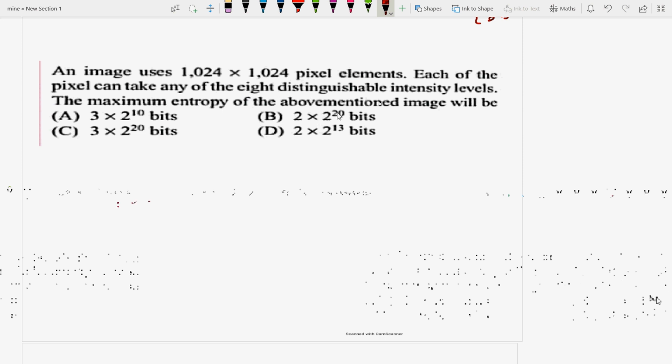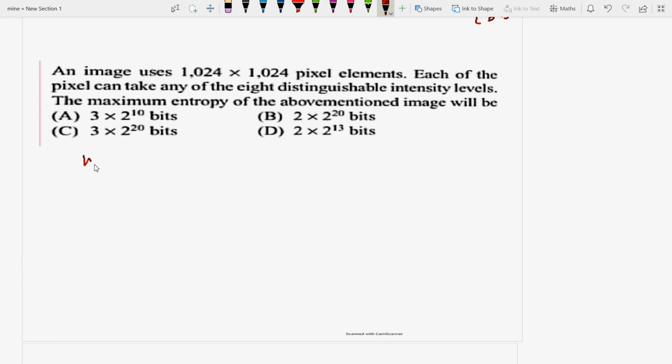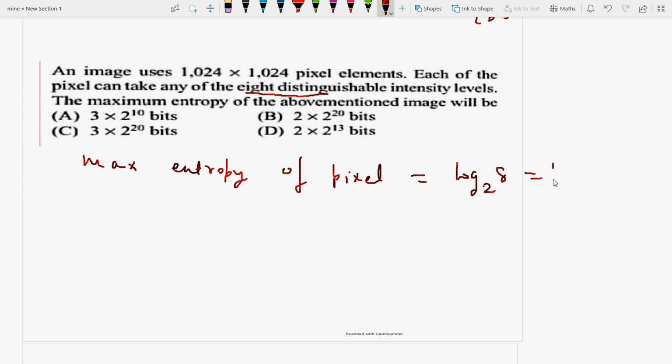The maximum entropy of the above mentioned image will be, see, the maximum entropy of a pixel is equal to log base 2 of 8, because each pixel can take 8 distinguishable intensity levels. So it is 3 log base 2 of 2, equal to 3.